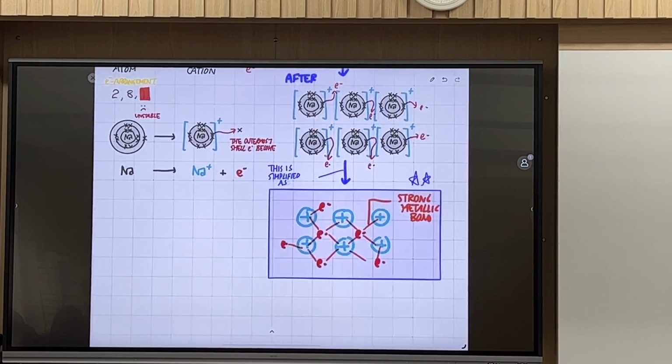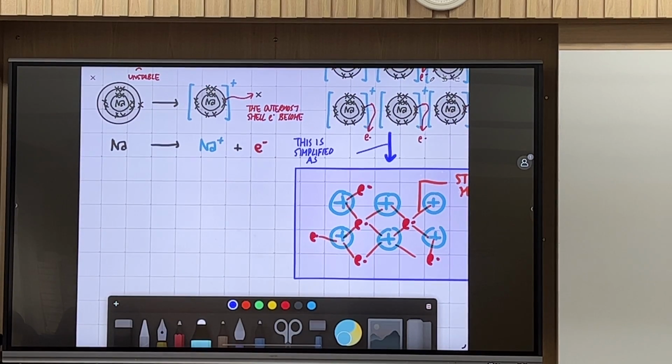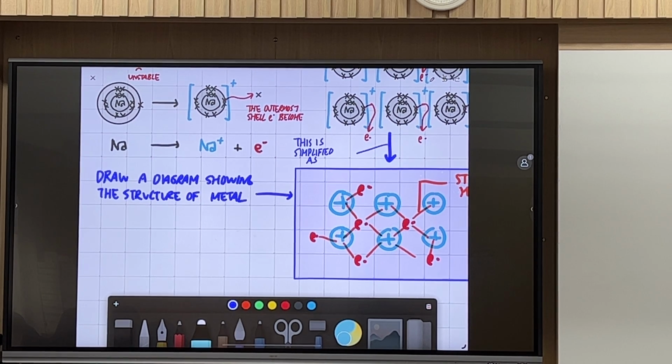Yeah. And this is the instruction in the question when they expect this diagram. Draw a diagram showing the structure of a metal, and this is the solution. So if this is the question, then this will be the answer.